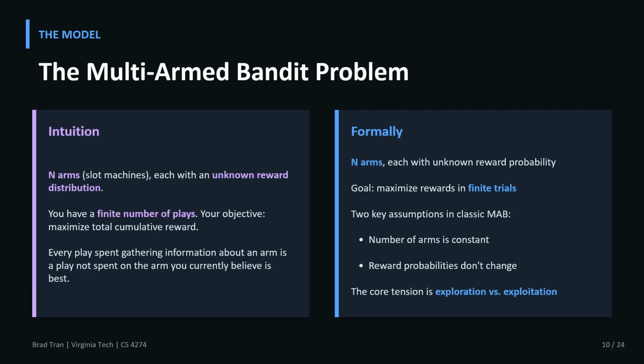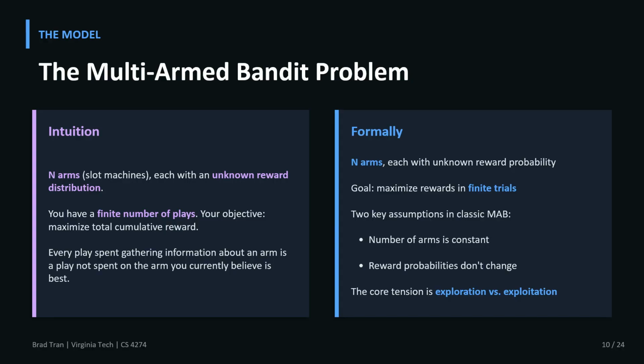The framework is the multi-armed bandit problem, or MAB. For those unfamiliar, the classic formulation goes like this. You have n arms, typically described as slot machines, each with an unknown reward distribution. You have a finite number of plays. Your objective is to maximize total cumulative reward.